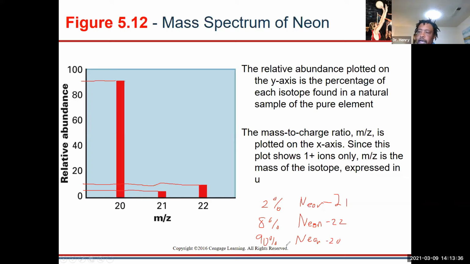If we multiply 90% times the weight of neon-20, which we estimate to be about 20, so 20 times 0.9, that's 18.